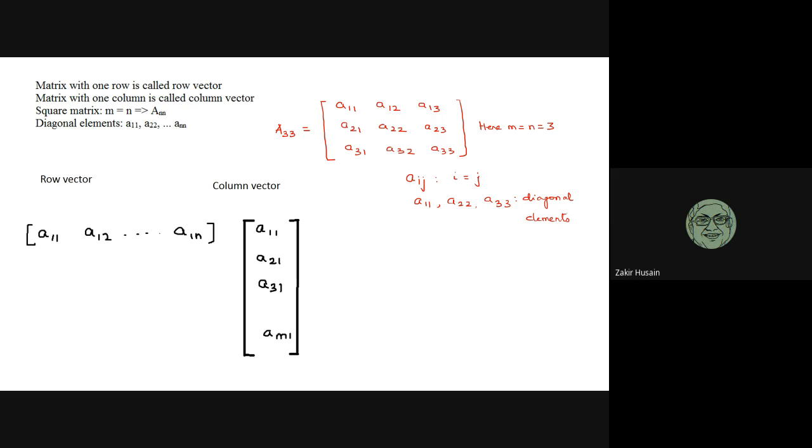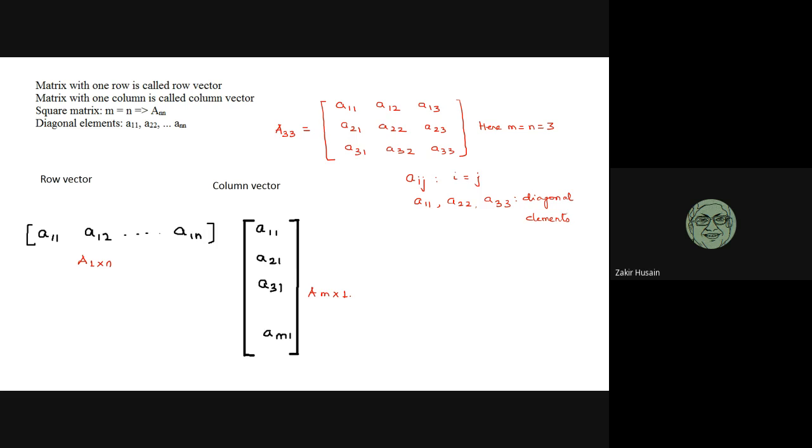So we write them as 1 into n, and this is an m into 1 matrix. A square matrix is when m is equal to n. In this case, m equals n equals 3. So we have a 3 by 3 matrix.